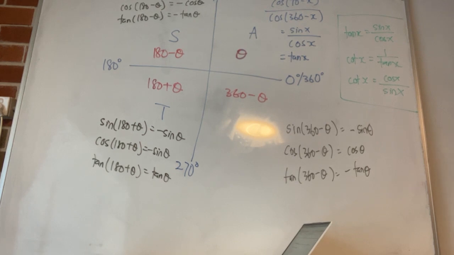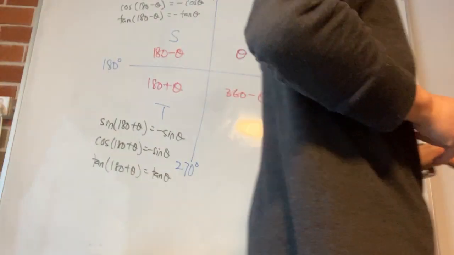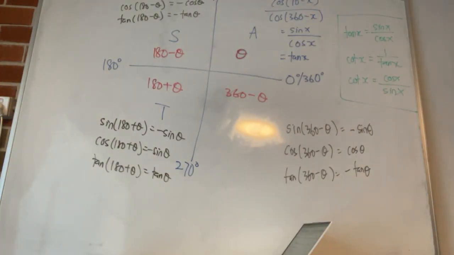Okay, so for page 2, I want you to try every second question. Go down every second question. The other ones that you miss out, you try as homework. So the next question I want you to try will be question C. If you look at question C, sine 180 minus x, you can write it as sine x, isn't it? Good.